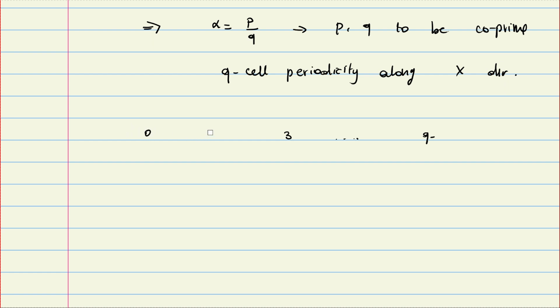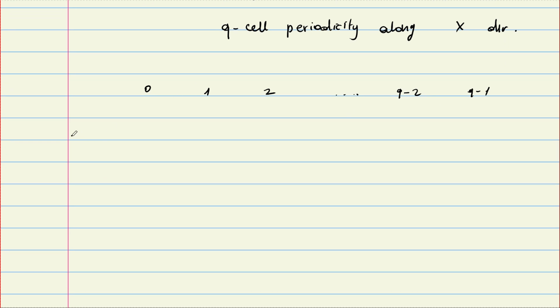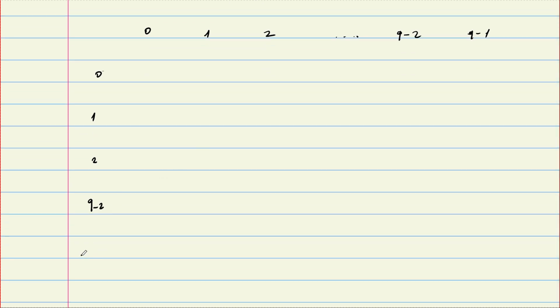So 0, 1, 2, ..., q minus 2, q minus 1. So this is a q by q matrix.